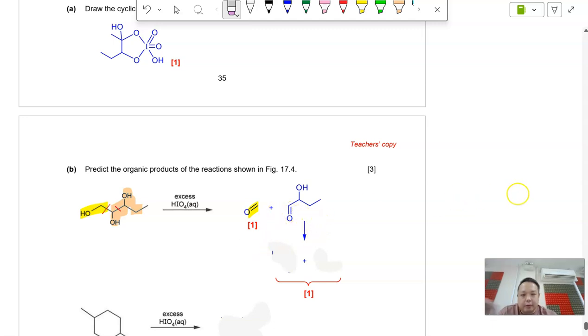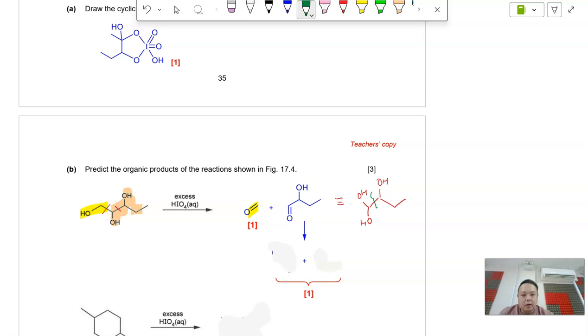But again, we know that this is equivalent to OH and then OH, because we know that the ketone or aldehyde can be converted to a diol. That's what the question says early on. So again, we can undergo a breakage over here.